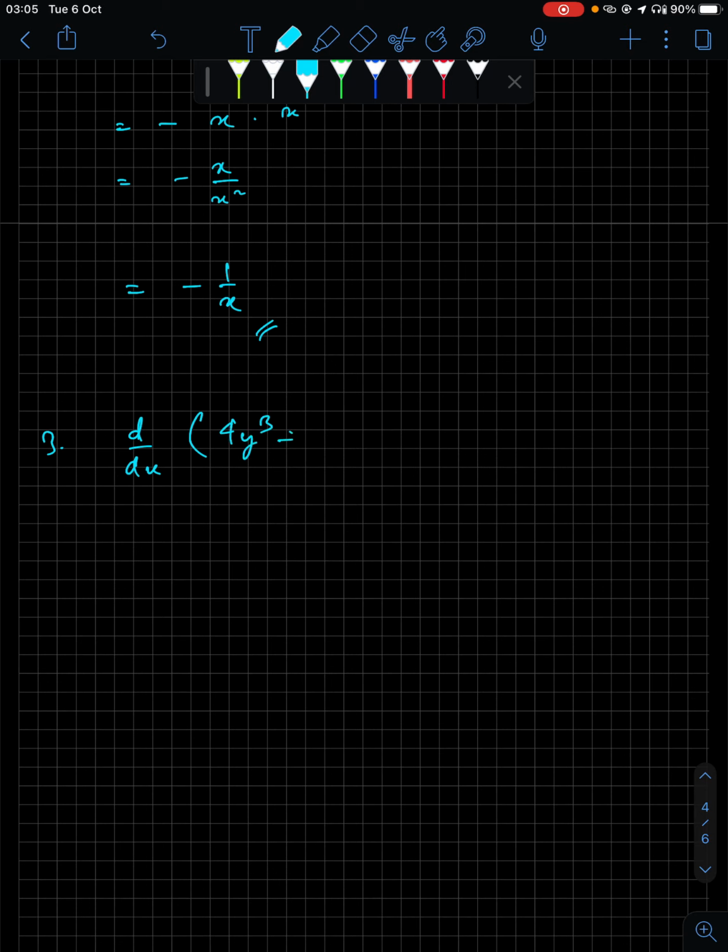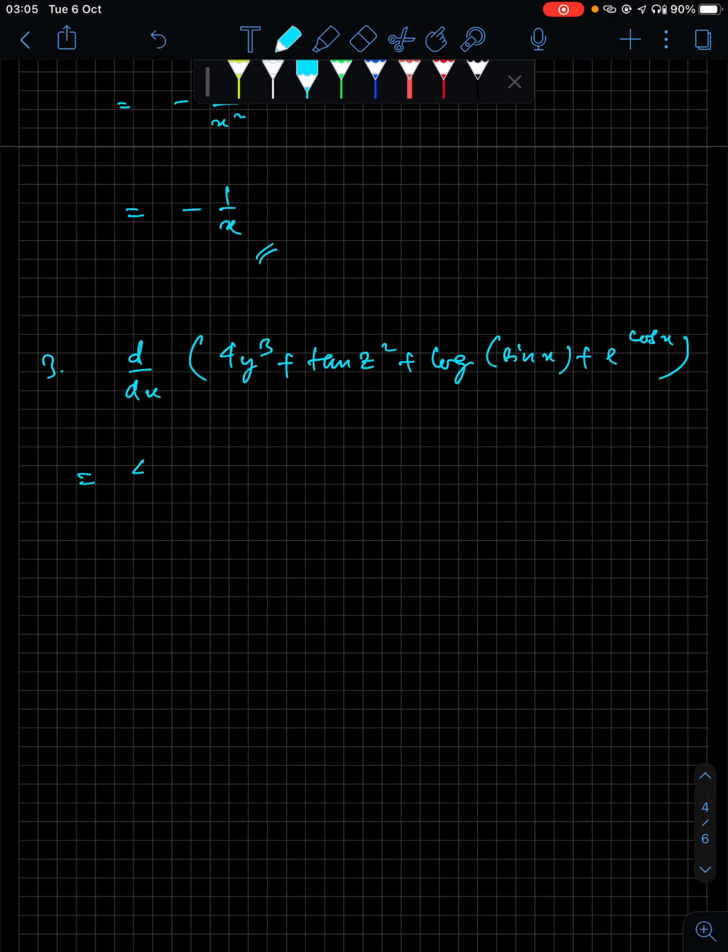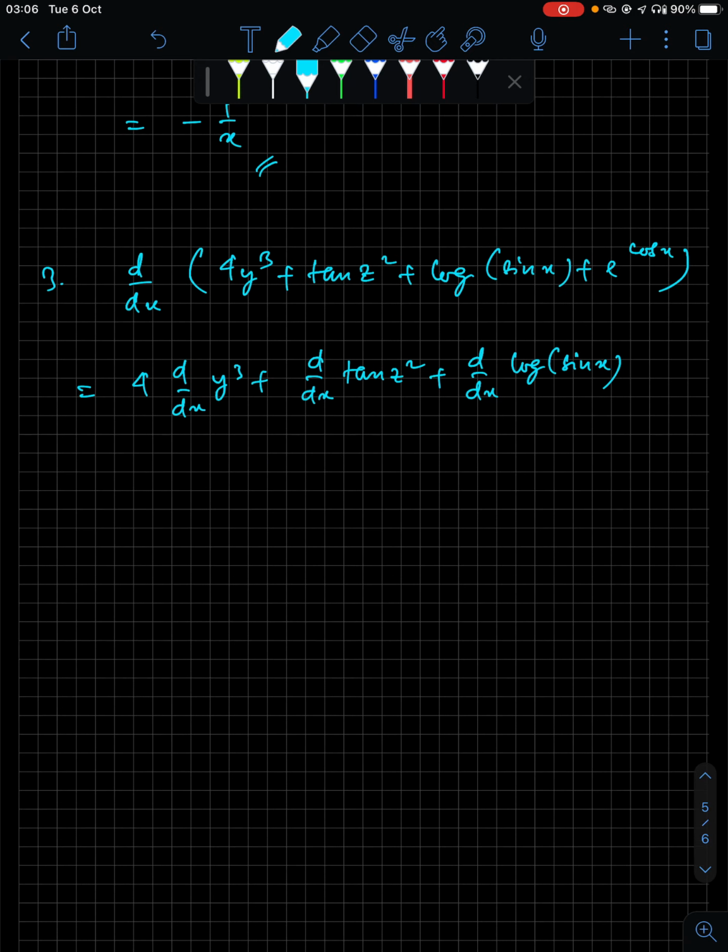So 4y cube plus 10z square plus log of sin x plus e to the power cos x. So that equals 4 d/dx of y cube plus d/dx of 10z square, right? Plus d/dx of log of sin x plus d/dx of e to the power cos x.